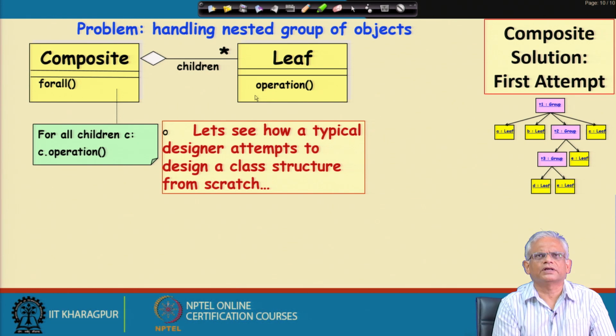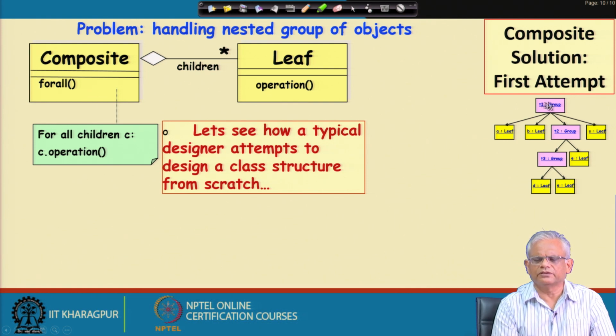Now, let us see what are the difficulties with this solution. As you can imagine, the first difficulty is that the client has to treat the composite and the leaf separately. He has to invoke forAll on the composite, and on the leaf he has to directly call the operation. Another thing to notice here is that this is a single level of hierarchy.